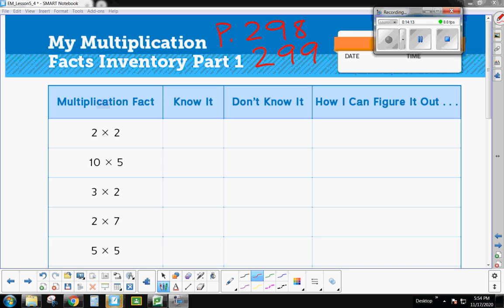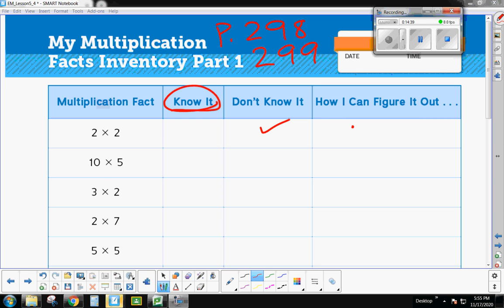Both of these pages have your easy helper facts that you should be able to do immediately and automatically. So turn to those 2 pages, go down through. If you know it, just write the answer real quick. If you don't know it, you're just going to put a check mark saying that you don't know it right away. And then I want you to figure out how you can figure that out.